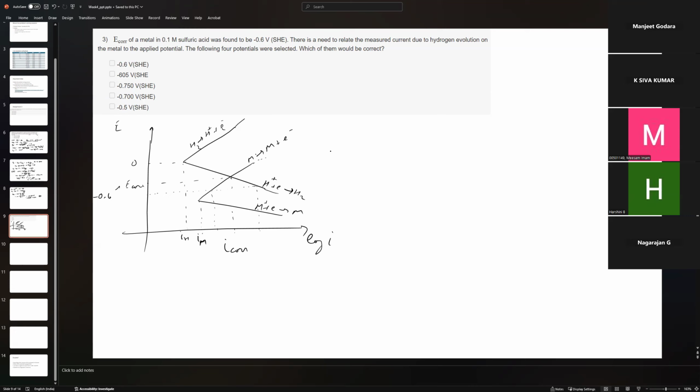This is our anodic current, and this would be our cathodic current. The difference between the two would be measured in your external circuit. So, I cathodic minus I anodic is equal to I measured, or I external.